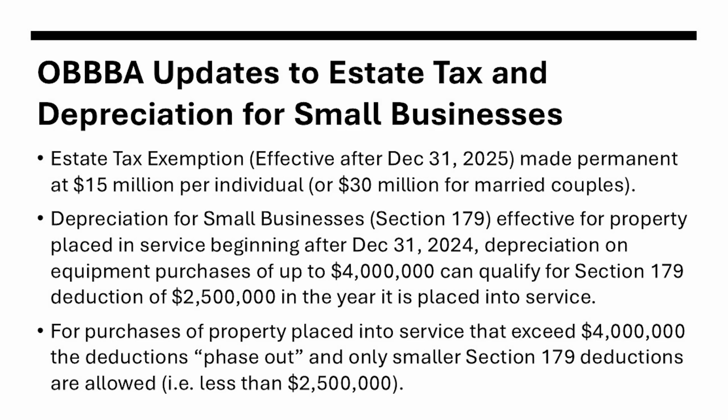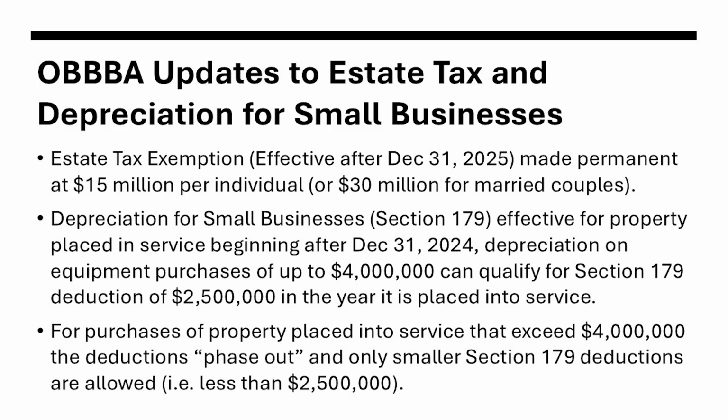Also some benefits that are not just specific to agriculture, but certainly help a lot of agricultural producers is the estate tax exemption. That has been moved to $15 million, or $30 million for married couples filing jointly. And then the depreciation for Section 179 as well. Equipment can be depreciated.